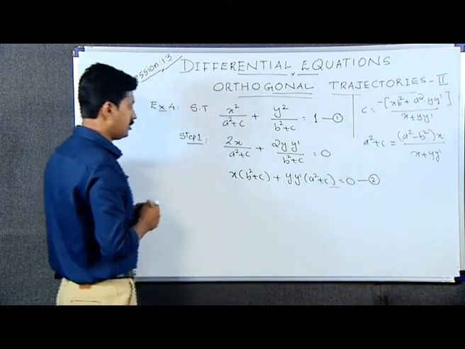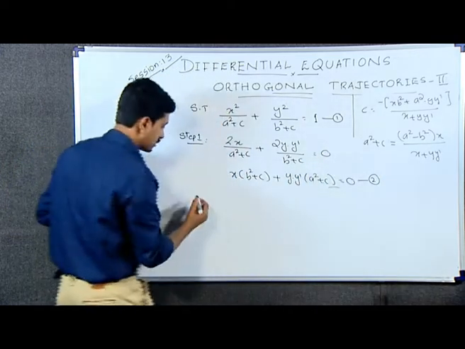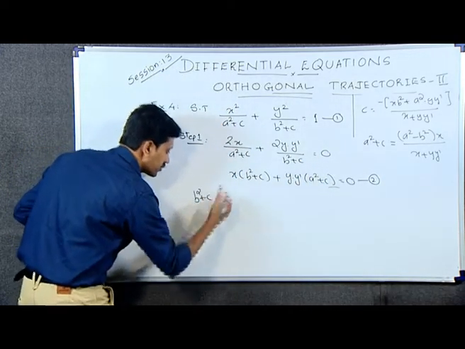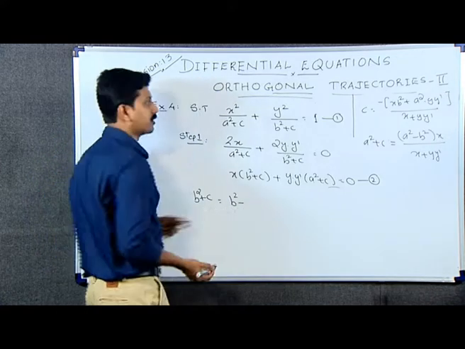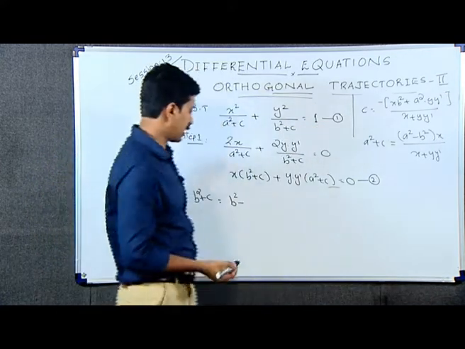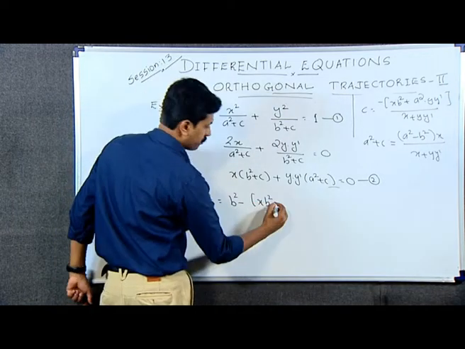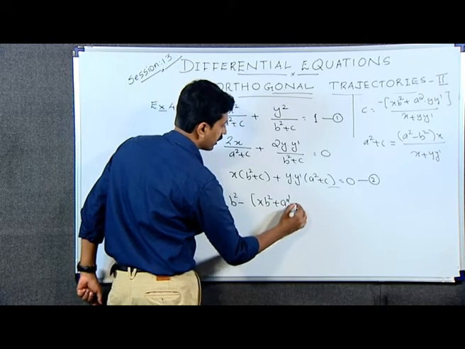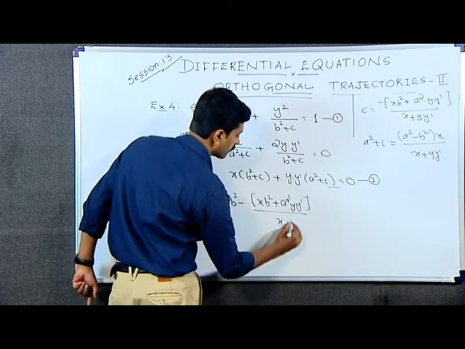So b square plus c is equal to b square plus c, where c is minus of x b square plus a square y y dash divided by x plus y y dash.